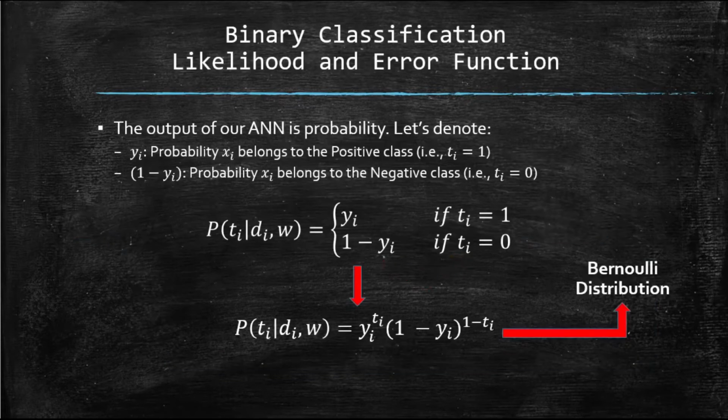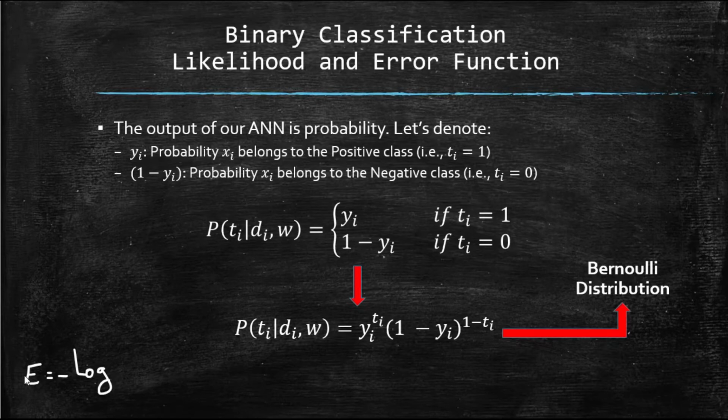Right, so binary classification, and now we're going to focus on the likelihood and how we can use MLE to reach the actual error function that we can use for a binary classification scenario. As a reminder, we showed that the error, E, equals minus the log of the likelihood.